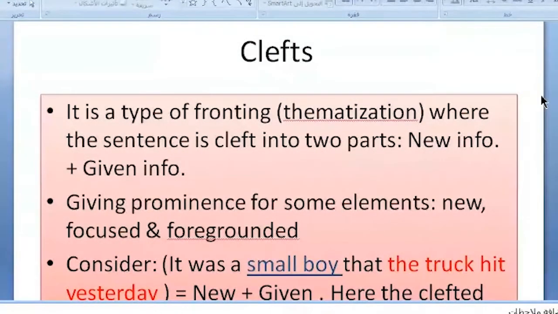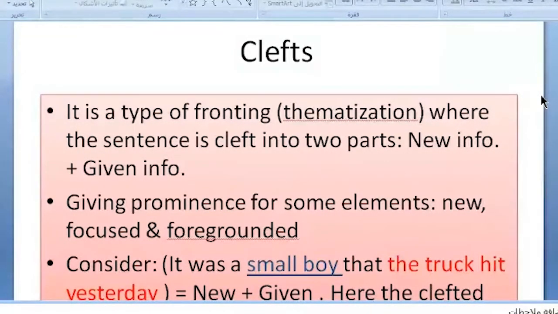Dear students, the idea of information is highly important in linguistics, especially in functional linguistics. New information and given information, these are linguistic terms. يعني لا تأخذونها بشكل بديهي، لا، هذني مصطلحات لغوية مهمة. They are related to the structure of the sentence.